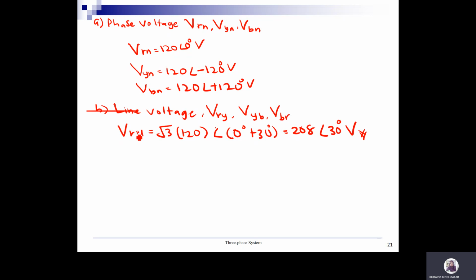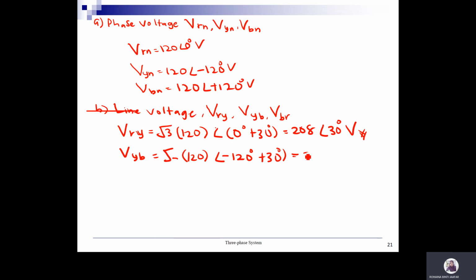Okay, same step for VYB. So square root of 3 times 120. Refer to the yellow phase, so your angle is minus 120 plus 30.